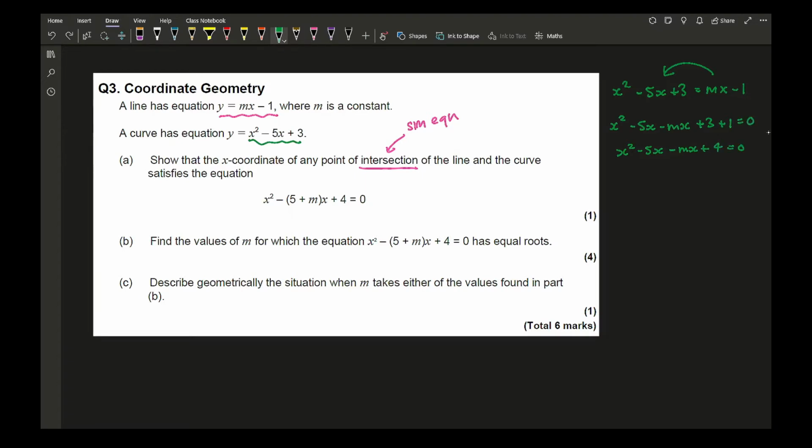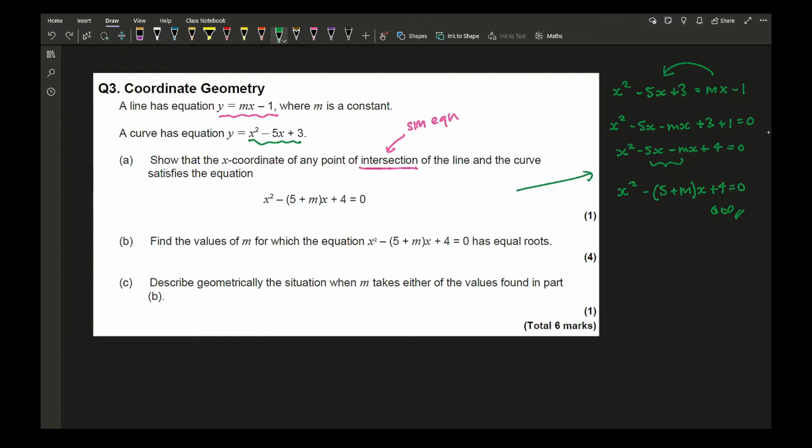So now what I need to do is just simply factorize this middle part. So I've got x squared minus (5 plus m) x plus 4 equals 0. It's going to be a plus because I've got a minus outside, and when I expand that out, it's going to turn it into a negative. It's only worth 1 mark, so you expect to do that quickly.